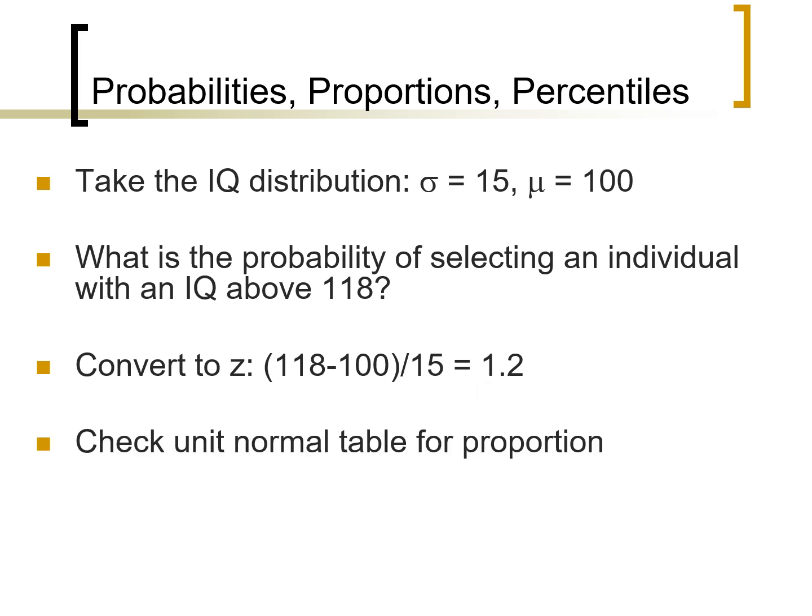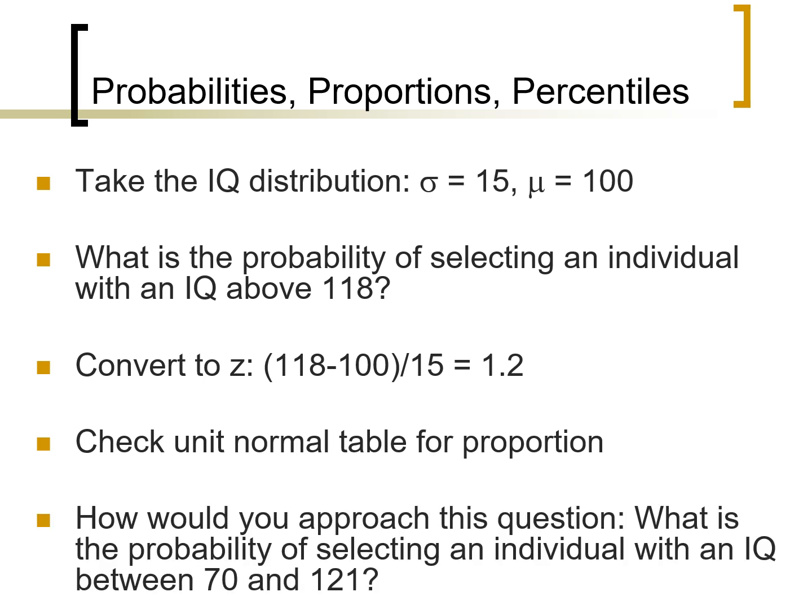Now we need to find what is the proportion in the tail, because that's the smaller chunk of this z-score above the mean. In fact, for a z-score of positive 1.2, what's the probability of getting a z-score higher than that? We need the proportion in the tail.